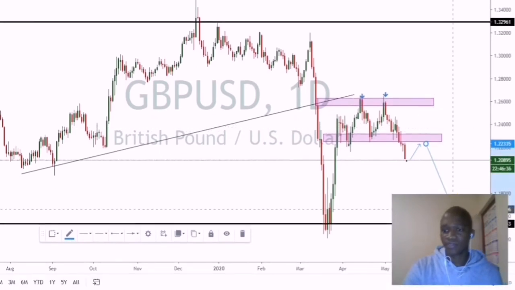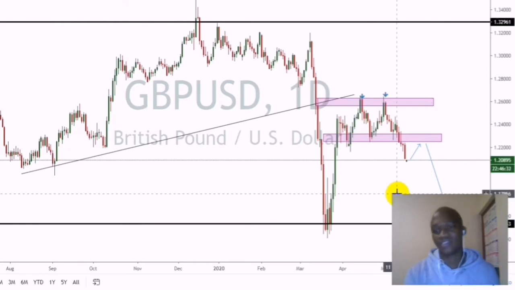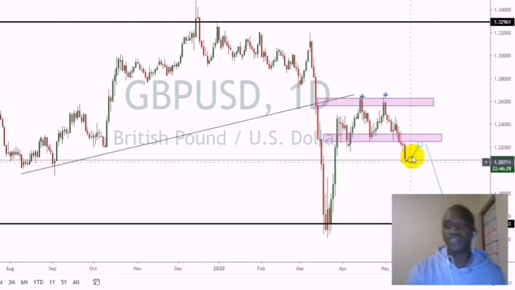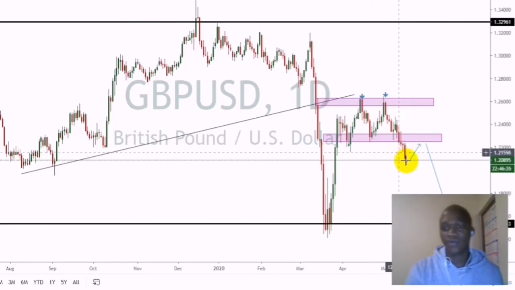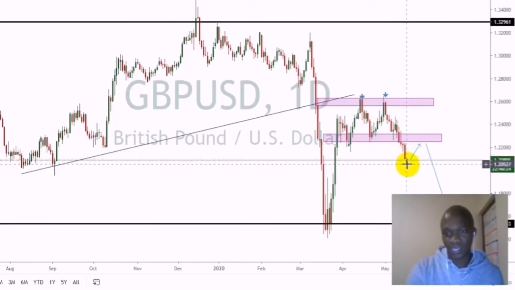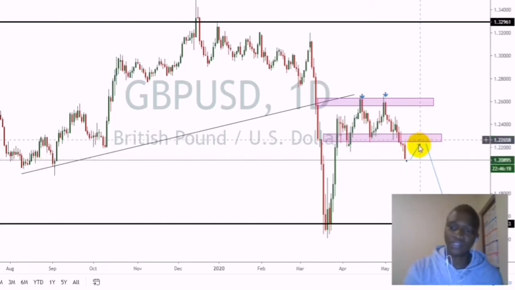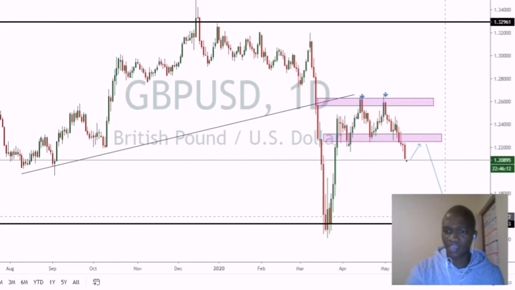So it's safe, guys, not to be hasty and fear missing out on the opportunity of selling, whereby it might just trigger and then finish on a high. I believe GBP/USD is going to pull back to this resistance zone and then sell even lower.